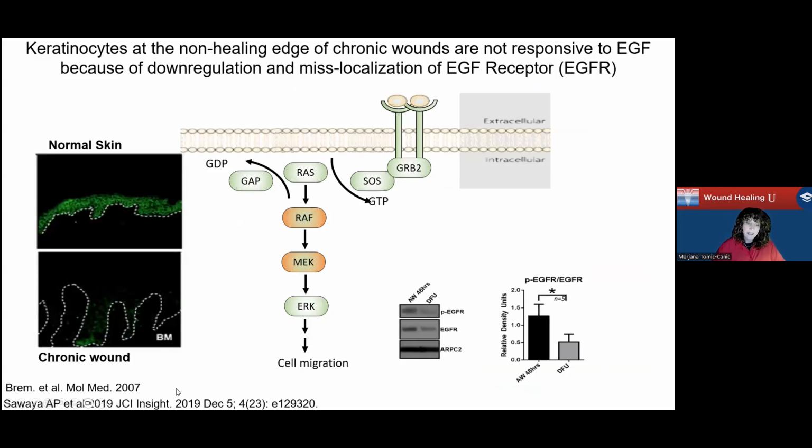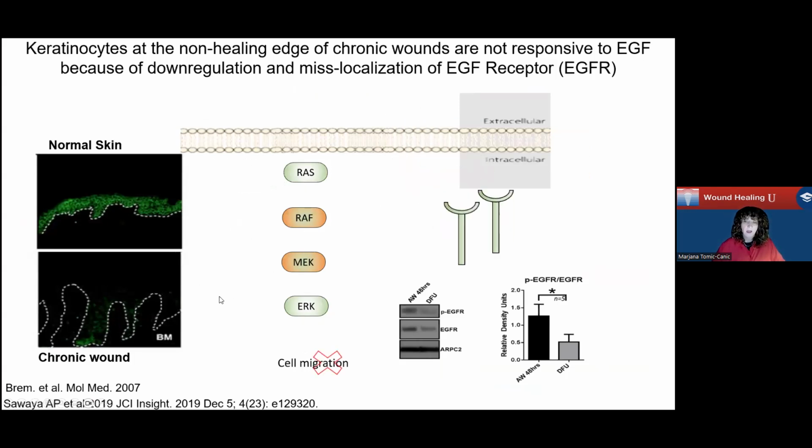And fast forward many years later, our lab actually started to look at EGF receptor in chronic wounds, and it turns out that in patients with chronic wounds, the EGF receptor is no longer at the membrane. It's actually sequestered, as I mentioned previously, and these are different ways of testing this.